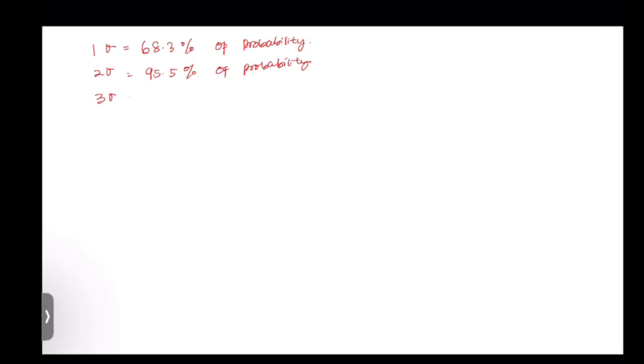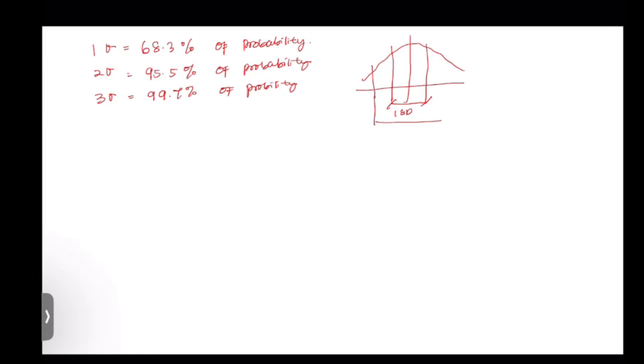and 3 standard deviation means that 99% of probability. So this one is referred to the standard deviation. Okay, this is referred to 1 standard deviation. Okay, this is 2 standard deviation.